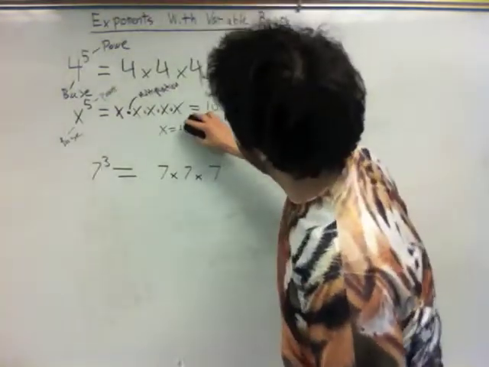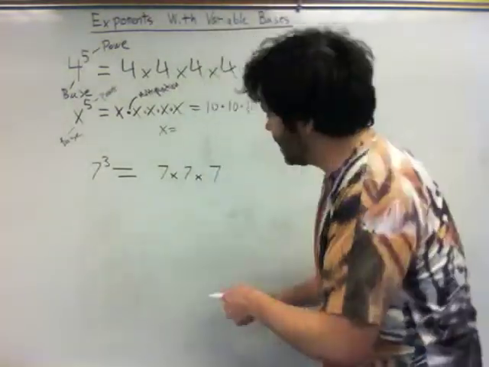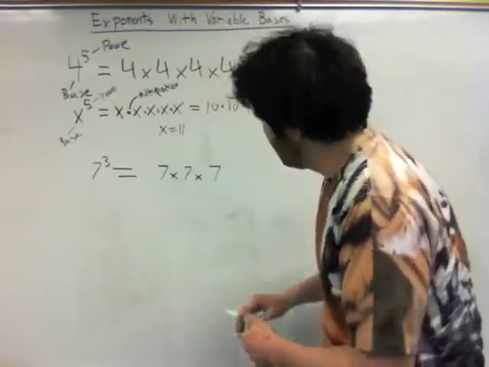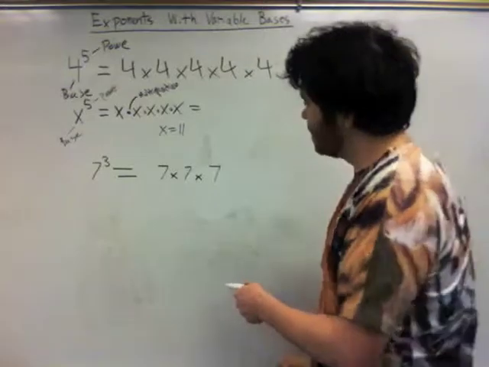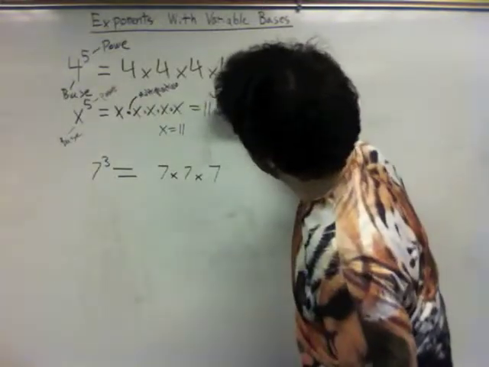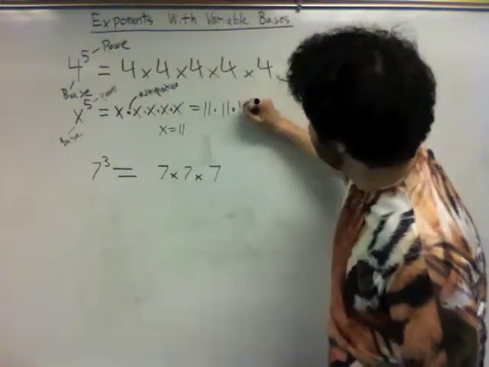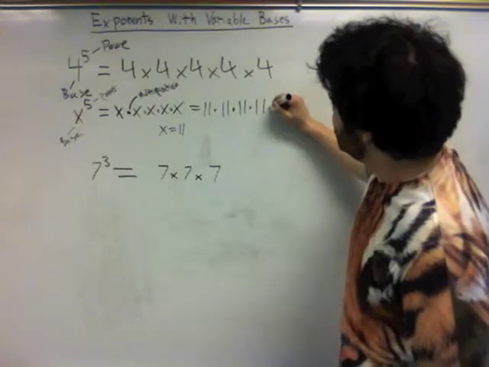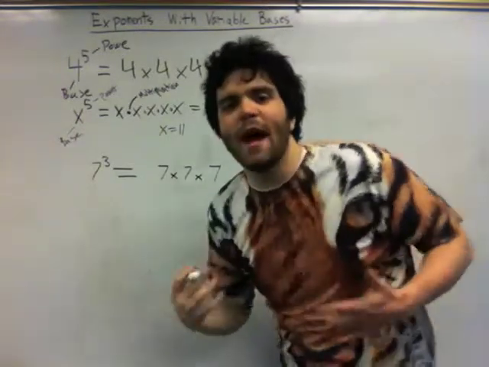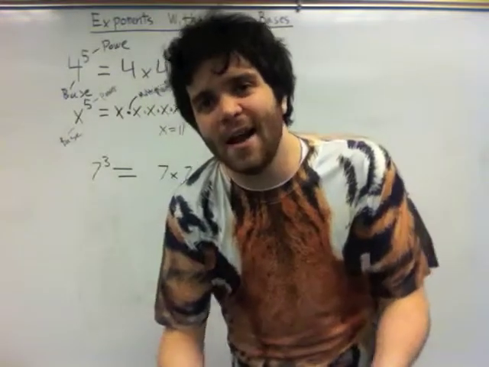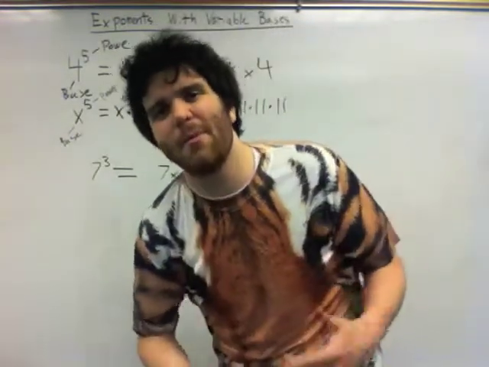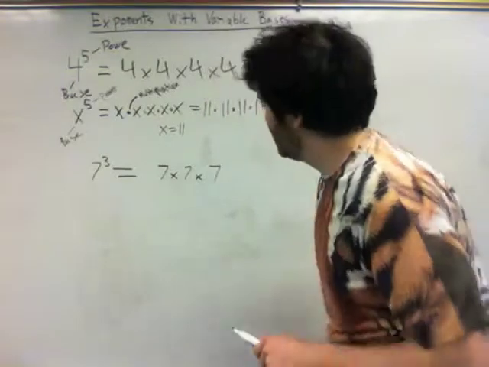We just change this x. x is now equal to 11. So what this is equal to is not 10 times 10 times 10 times 10 times 10, it is 11 times 11 times 11 times 11 times 11. That's just what x is. It's a number that we're not quite sure what it is yet. We know it's a number, but we're not quite sure what it is.